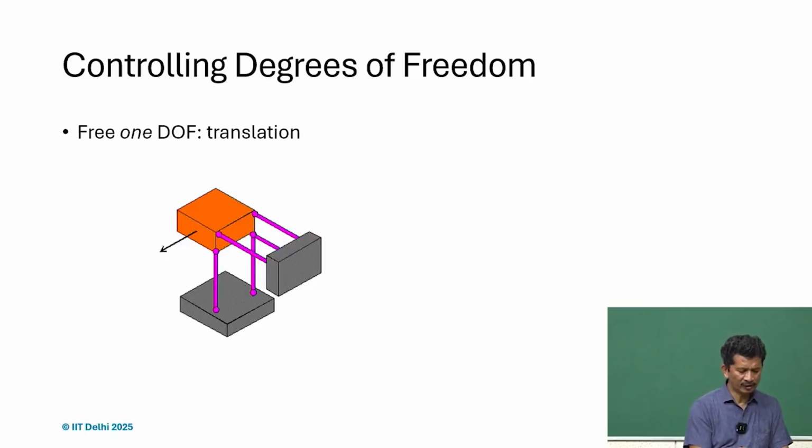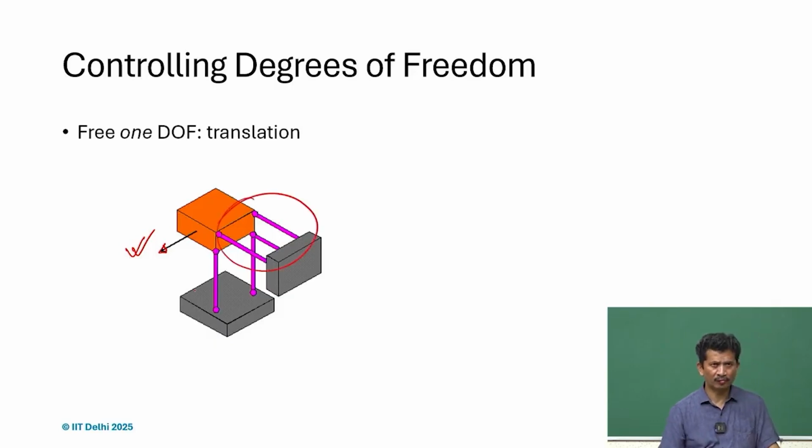What happens if we want to have just one translation? So, it is like a linear guidance. So, we want to move the orange object only in that direction, and we want to constrain all 5 degrees of freedom. We can place them one by one, and here we can see that yes, these 3 are like a planar constraint, and then another 2.